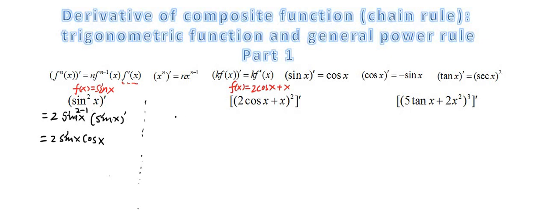So we have 2 times f(x) to the power n minus 1, which should be (2 cosine x plus x) to the power 2 minus 1, times the derivative of f(x). So we'll have (2 cosine x plus x) prime. 2 minus 1 is 1, and here we have derivative of the sum of two functions. That means we're gonna do the derivative of each function.